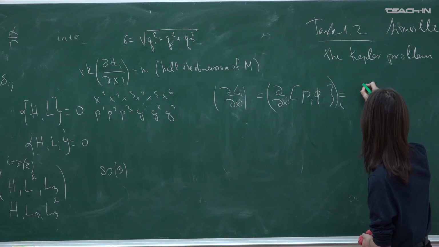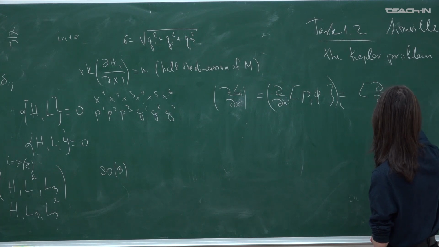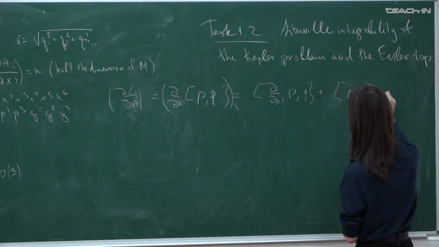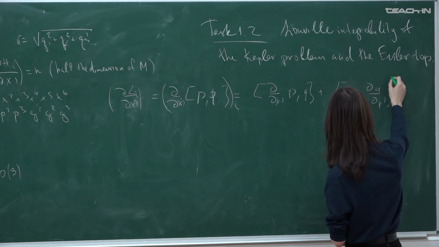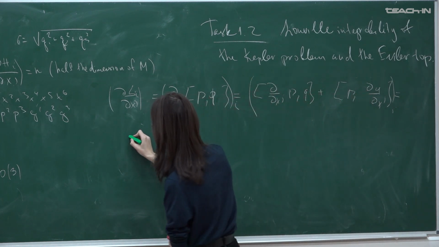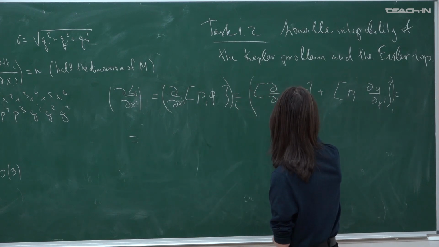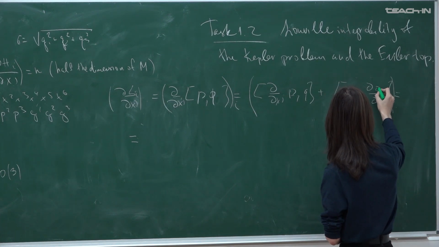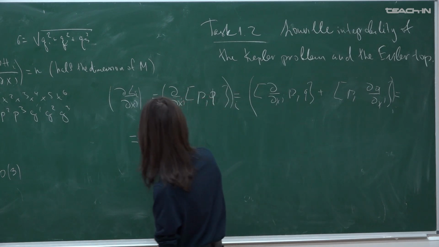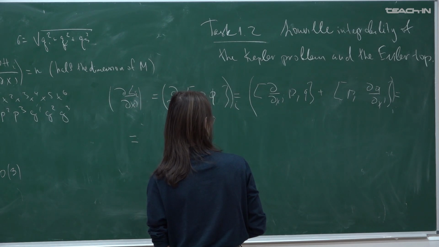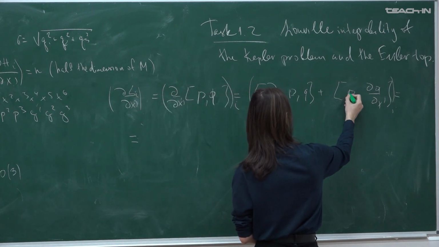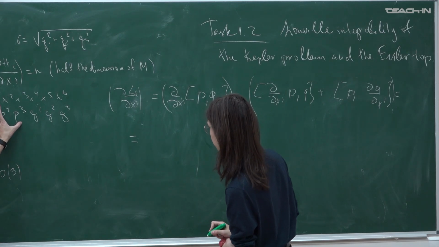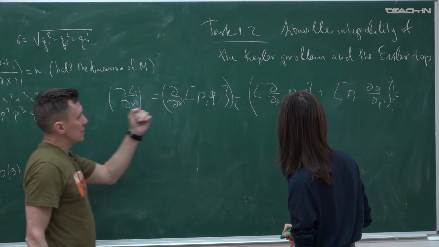So it should be like this. If j is from the first triple, this is 0.